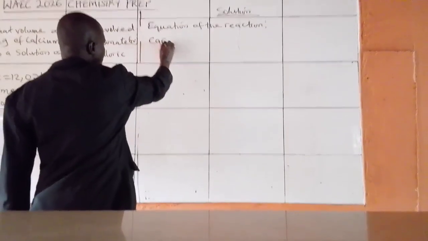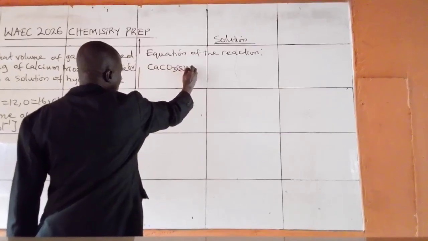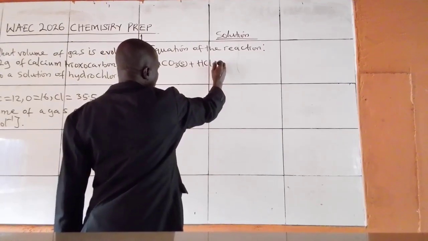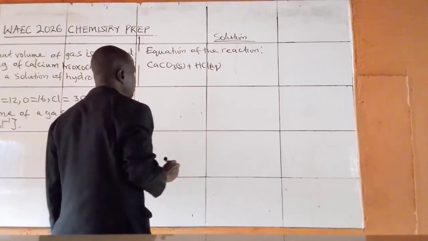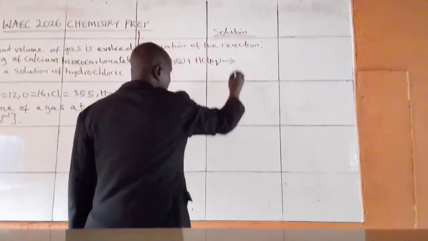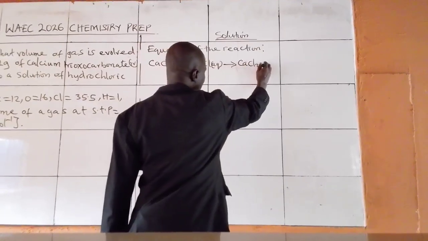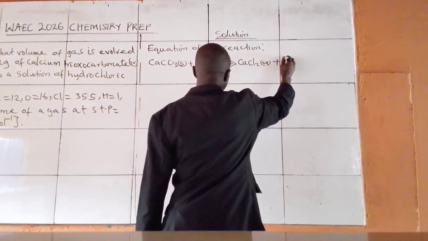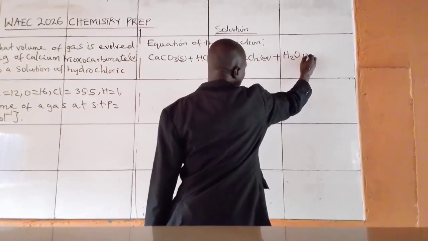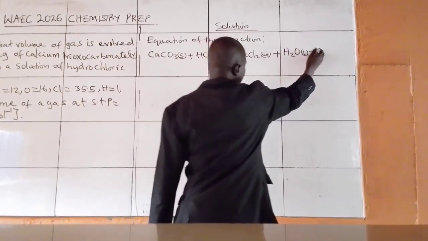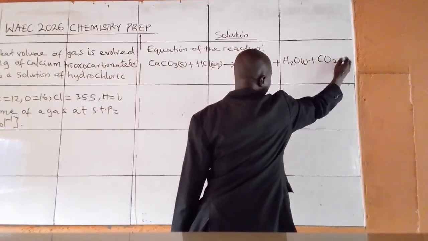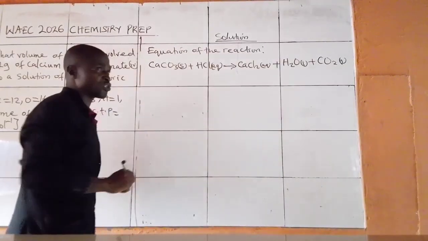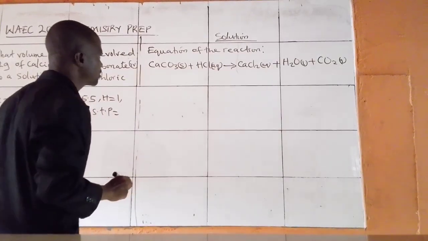We have CaCO3 reacting with hydrochloric acid to produce CaCl2 plus H2O and CO2 gas. Now, the equation has to be balanced.